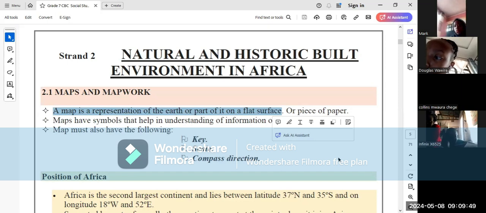Just write from where I have highlighted to where I have reached. Don't go beyond. Then in the next point, you write and say, a map must have the following features.